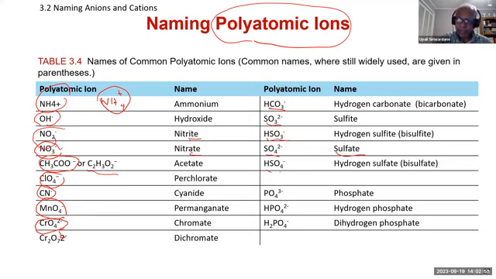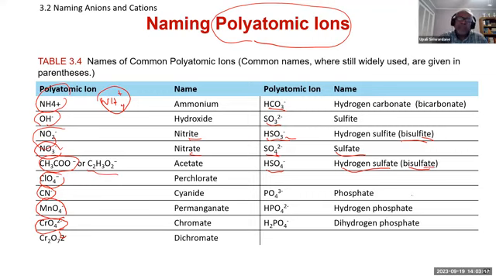Hydrogen sulfate, or bisulfate. When you have 3 oxygens it's "ite"; when you have 4 oxygens, more oxygens, it's "ate." Phosphate also has hydrogen phosphate and dihydrogen phosphate.